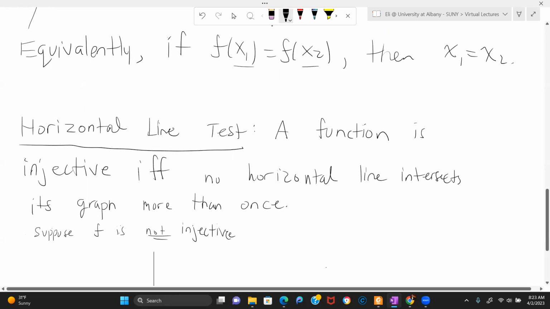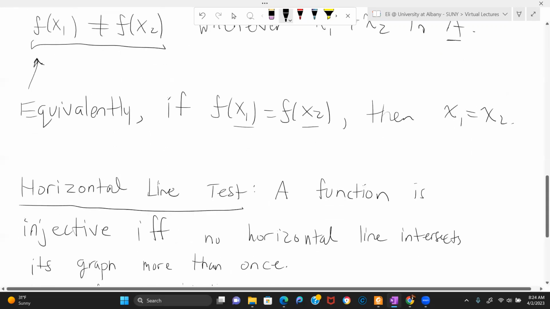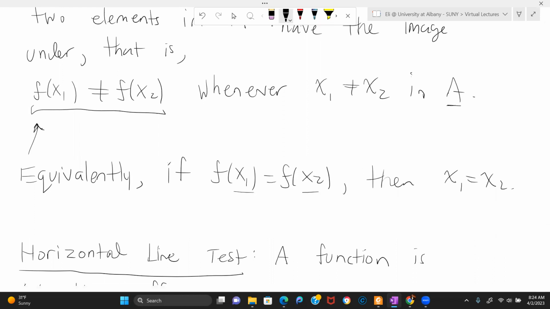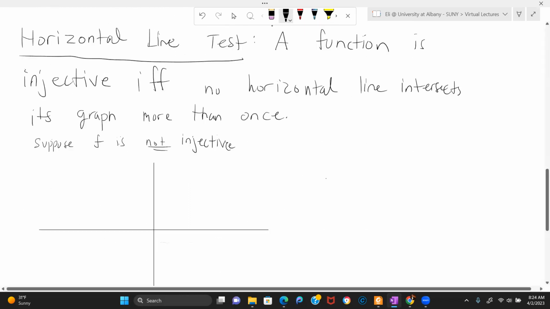What we're trying to do is justify the horizontal line test, so I can't use the horizontal line test to justify itself. That would be circular. So let's go back to the definition. What does it mean to be non-injective? If you stare at the definition, being non-injective means there exists a pair of points that are distinct, but their outputs are the same.